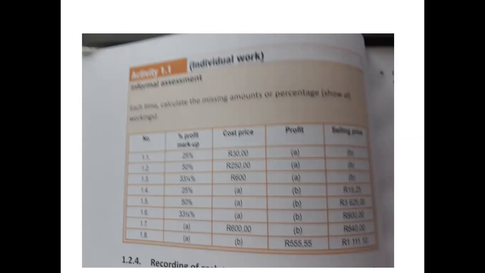So how do you do that? You're first going to work out the profit amount. To do the profit amount means you're going to take this selling price of 1,000 Rand, and minus the cost price of 600 Rand. That gives you an answer of 400 Rand. So that's your profit amount.